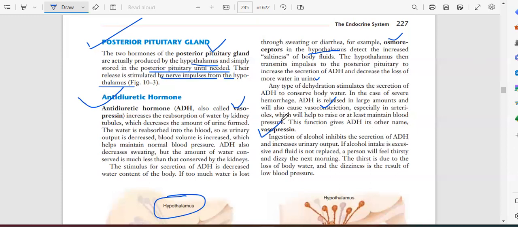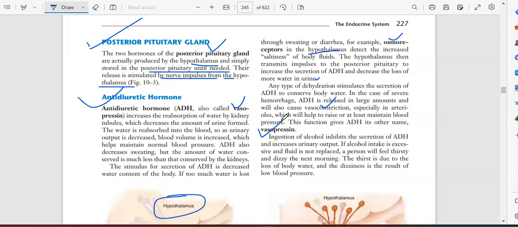So basically, whenever an emergency condition happens, whenever our body loses water, you think there are multiple things. Our body loses water in vomiting, in diarrhea, in bleeding, and other things, there are a lot of things, sweating.